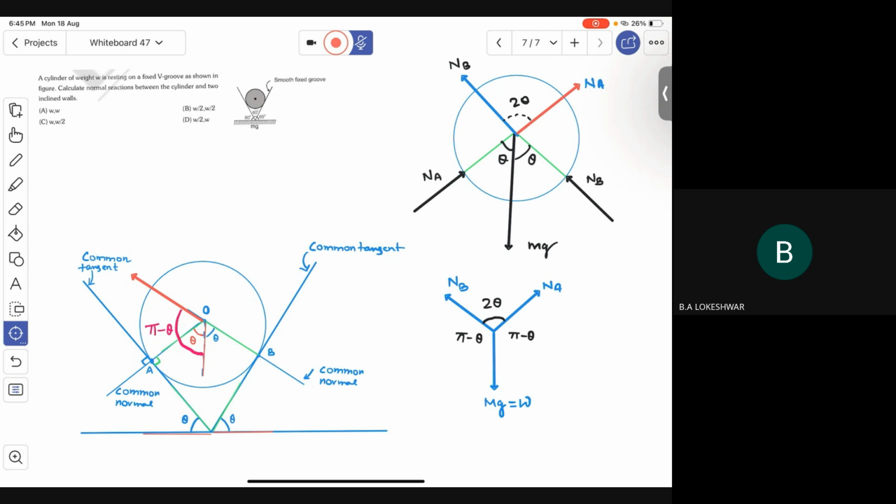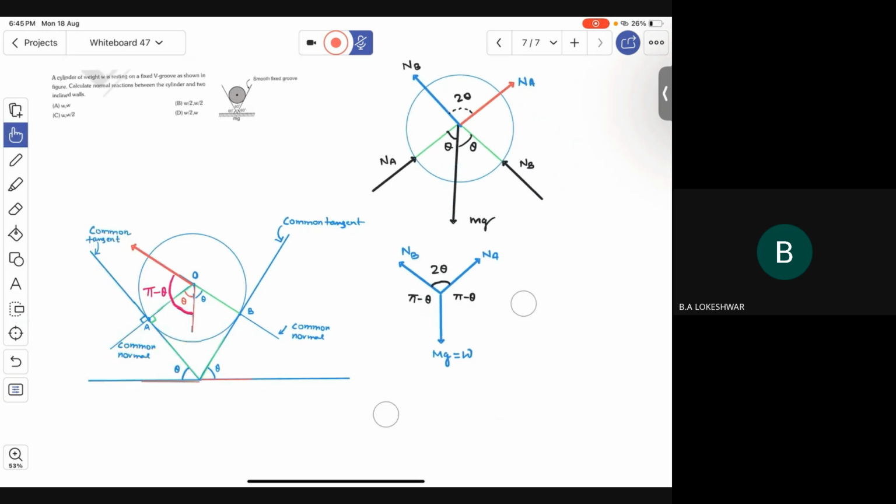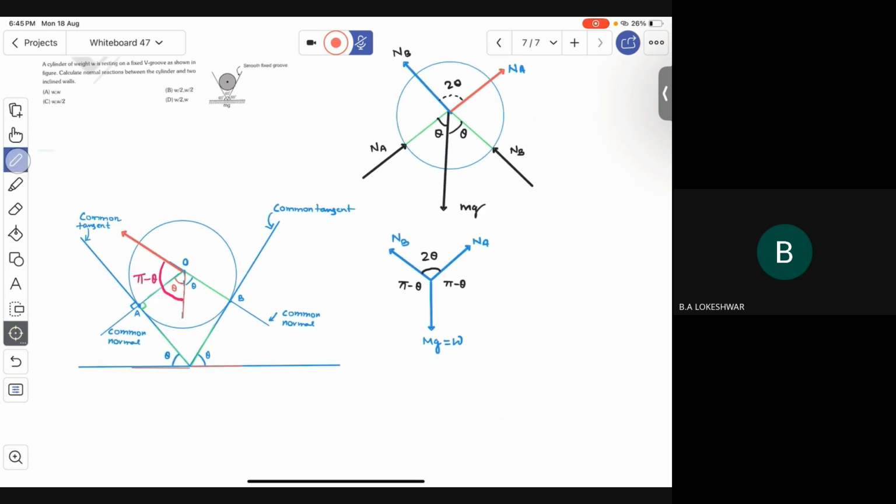So we will be writing A by sine A. What is the angle opposite to NB? This angle, correct? This is NA, and the angle opposite to it is this one. And this is W, and the angle opposite to it is 2 theta.